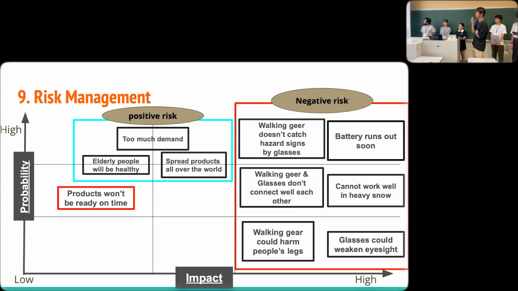Most of the negative risks are caused by the machine's problem. And we have come up with a very positive risk, which is too much demand. If we get too much demand, we can get a lot of profit, and we can make the machines applicable all over the world.